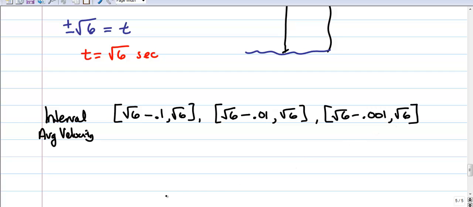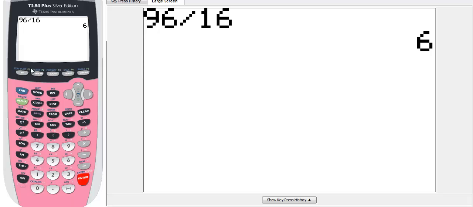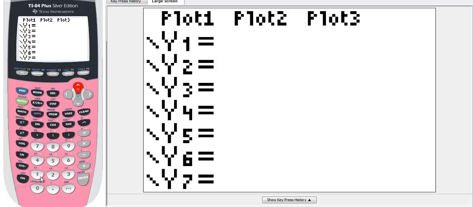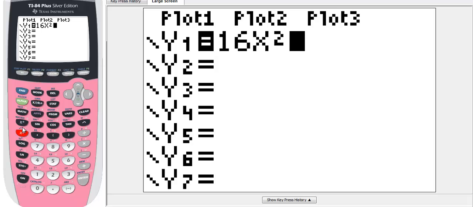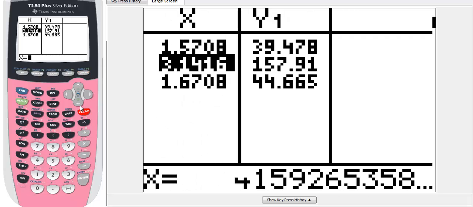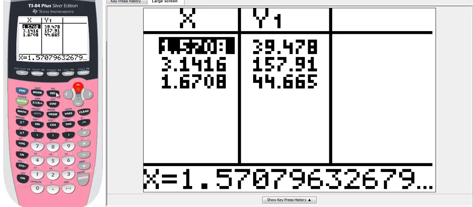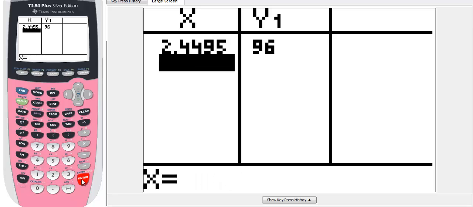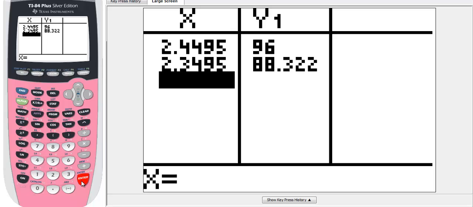And so I would play the same game that we did before. So that would be 16x squared. And then when I come in here, oops, delete. When I punch in the square root of 6, I get 96. When I punch in the square root of 6, close it, minus 0.1, I would subtract those values and divide by 0.1.